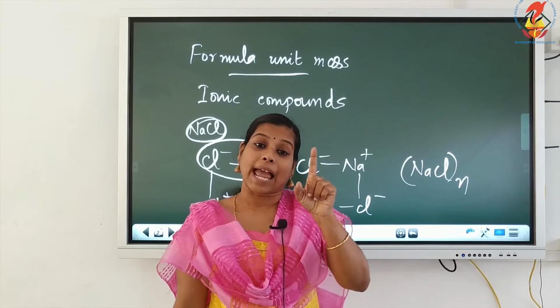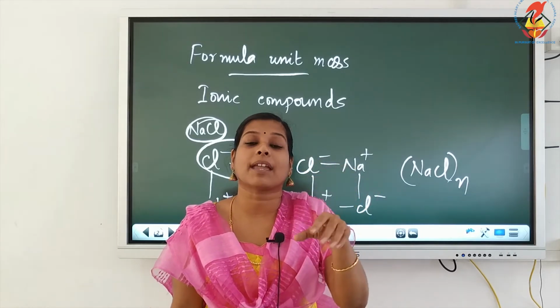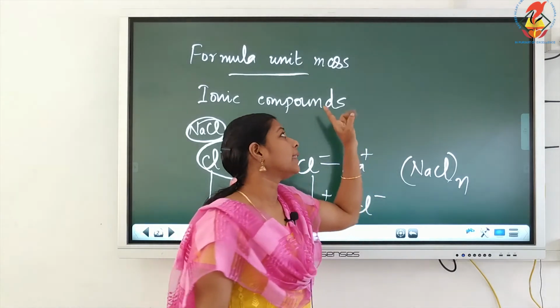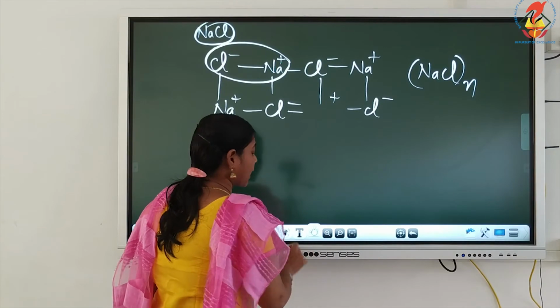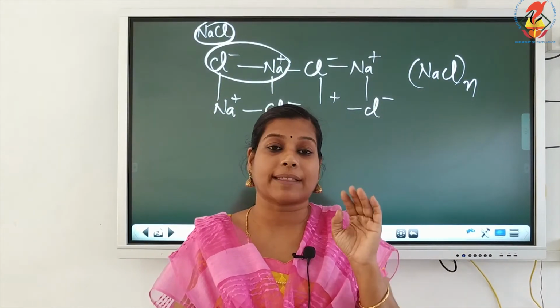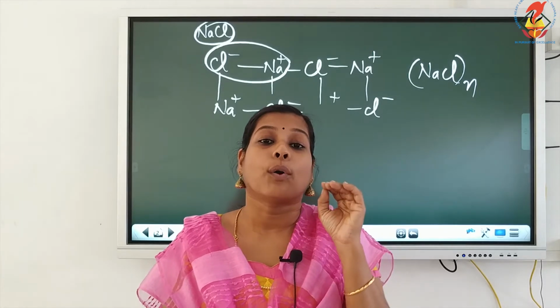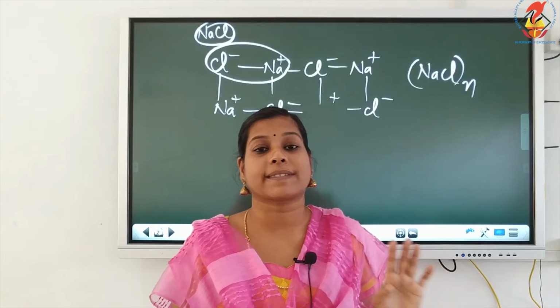So the calculation is the same as for a single molecule, but we use another term, formula unit mass, which is used only for ionic compounds.